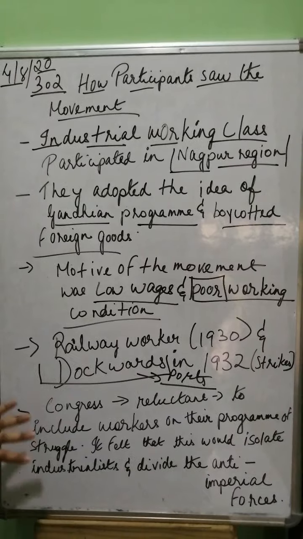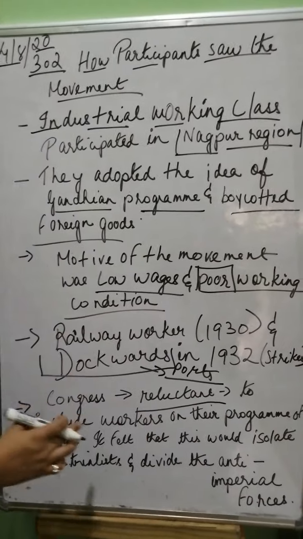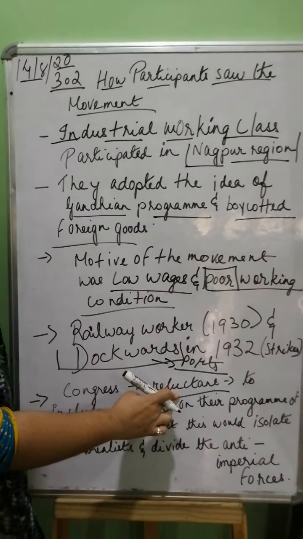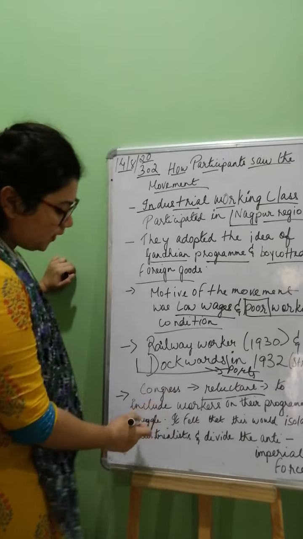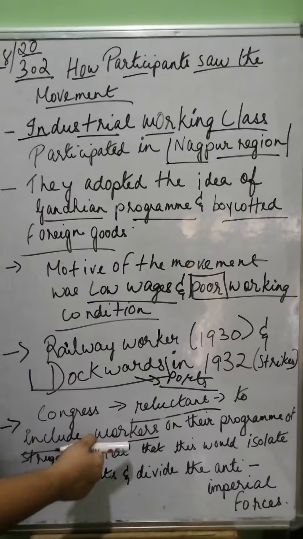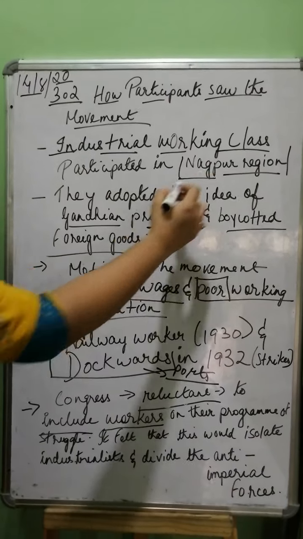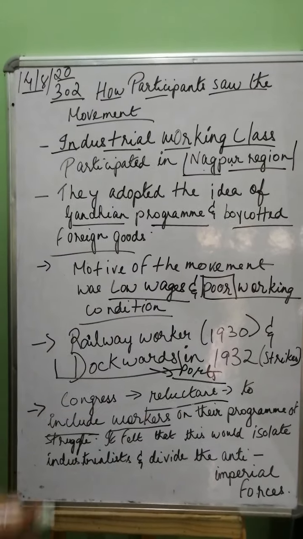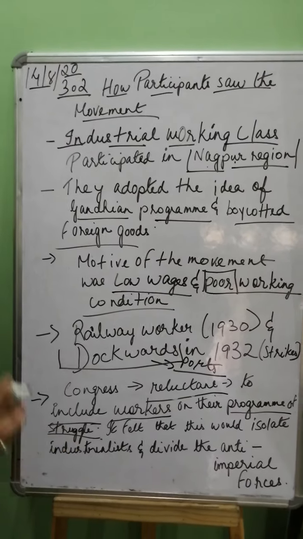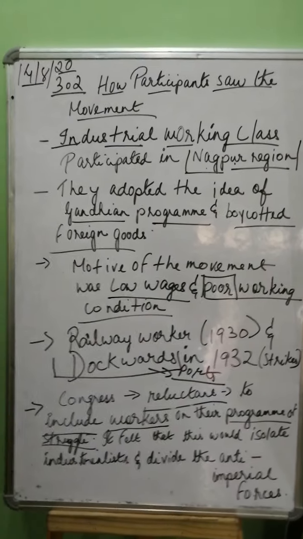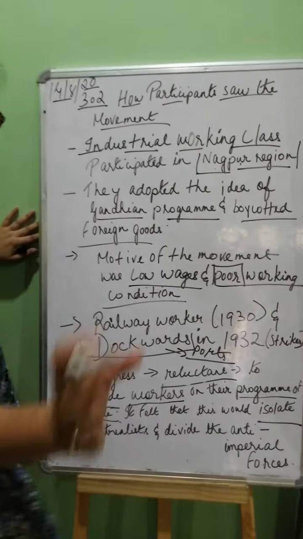But the Congress leaders were reluctant. That means they were not willing. The word reluctant means unwilling. So the Congress leaders were not willing to include the workers, this industrial working class section of the people of Nagpur region, in the civil disobedience movement or in their program of struggle. Why? Because they felt that it would isolate or alienate. Alienate is the same thing.